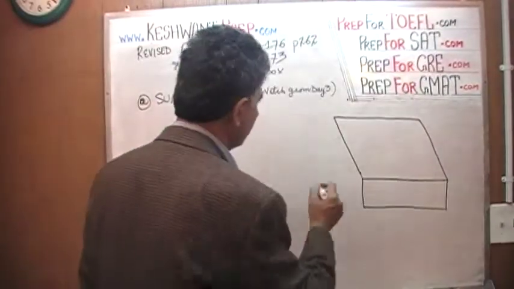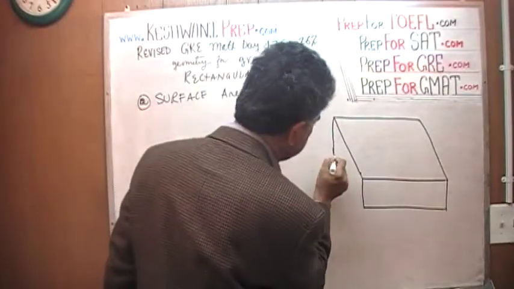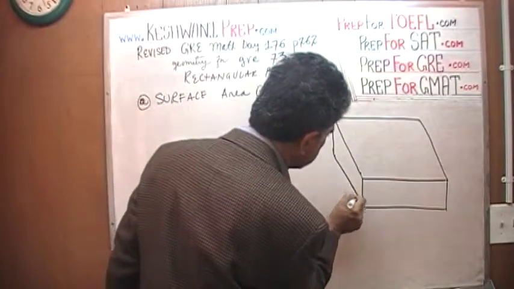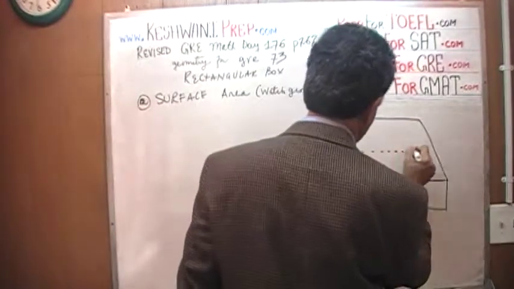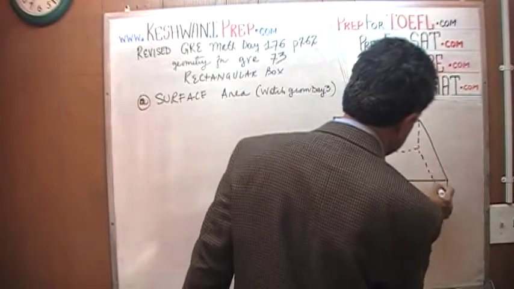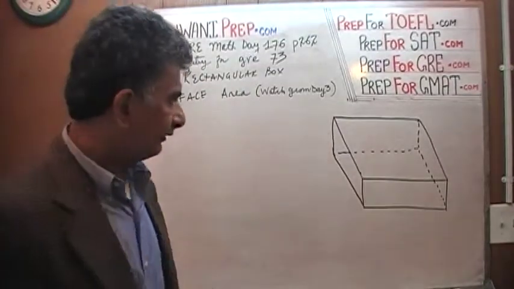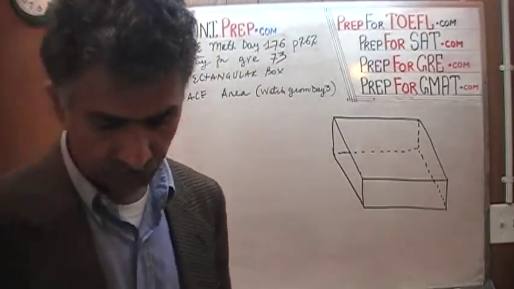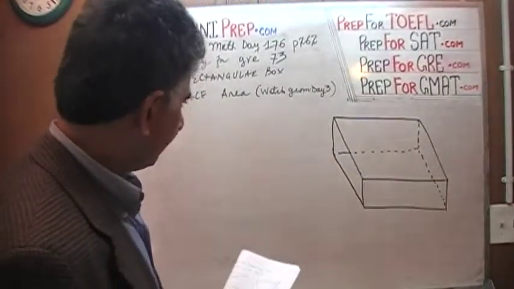So far, so good. Voila. There is a rectangular box. It's not as nicely drawn as theirs, so look at theirs, because theirs is drawn properly. But this will do the job.